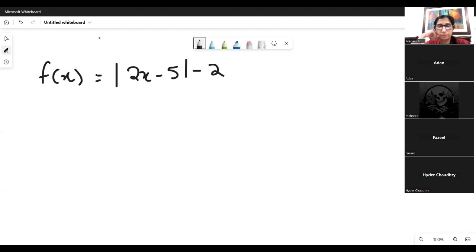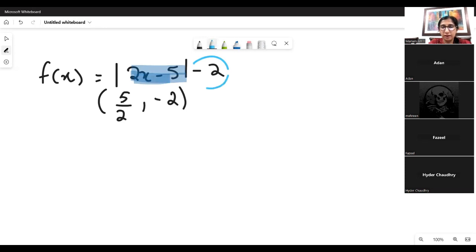Yes, I understood that is what you meant. So the x of the turning point is going to be 5 by 2 and the y of the turning point is going to be -2. Okay, how did x come? By setting the inside equal to 0, and y exactly by taking it, like in a quadratic equation. Okay, so this is the turning point.